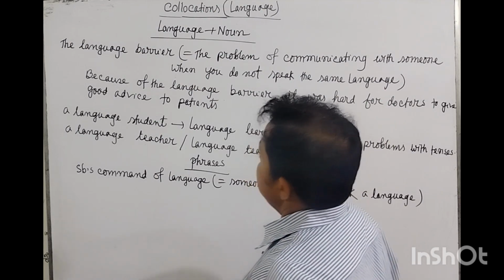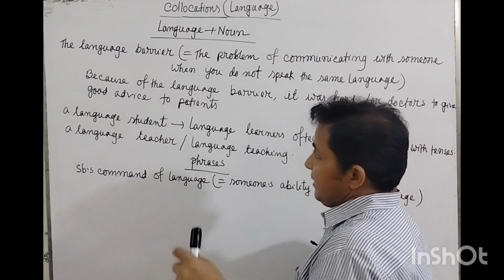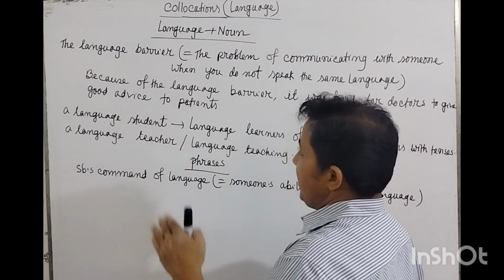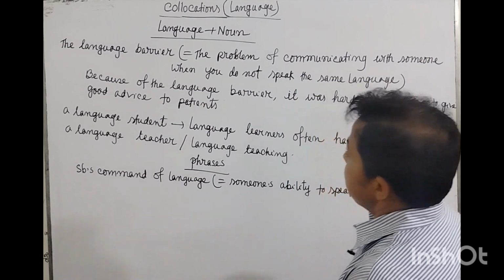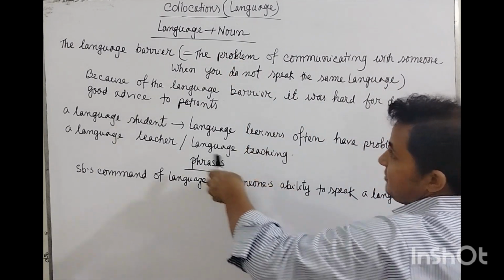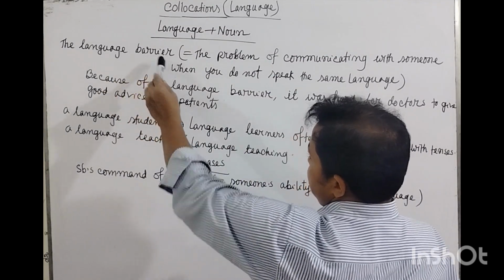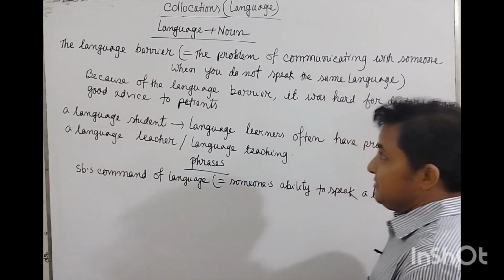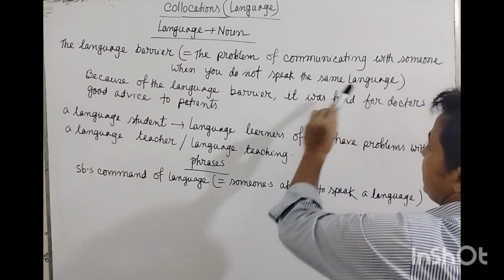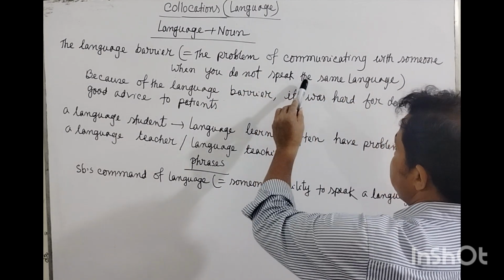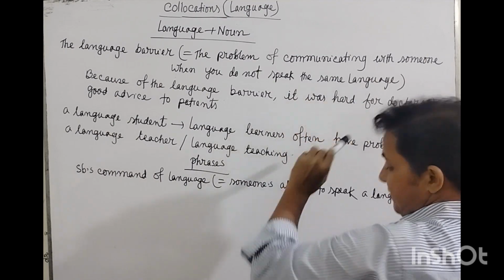Previously I discussed adjective or noun plus language, but now I am going to discuss language plus noun. The language barrier. Barrier means impediment. It is the problem of communicating with someone when you don't speak the same language.